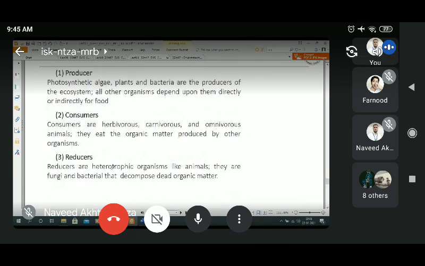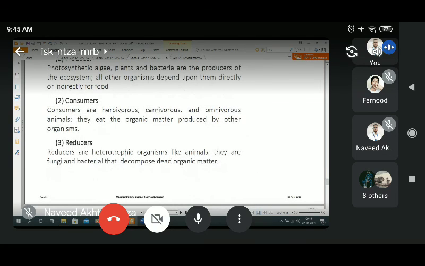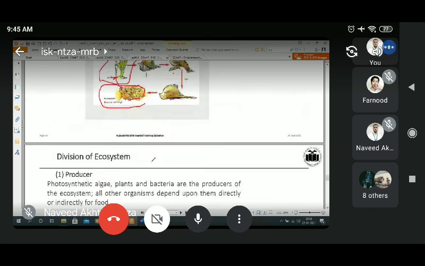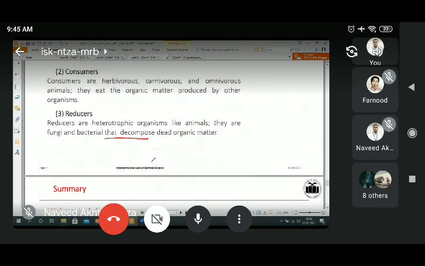After the decomposition, these nutrients go into the earth, and from the roots of the plant or by other means they are utilized by the plants or the animals, and this cycle or division of ecosystem takes place.